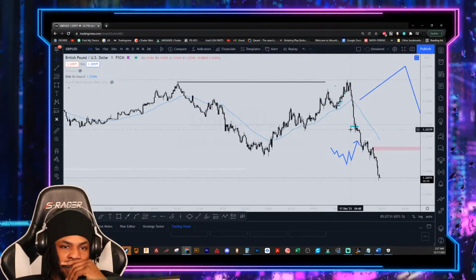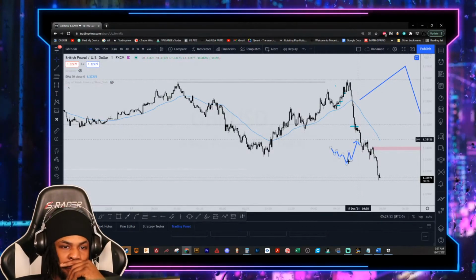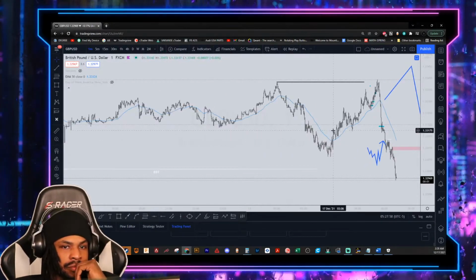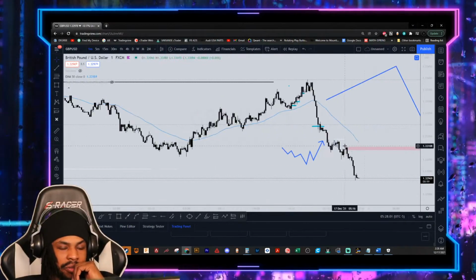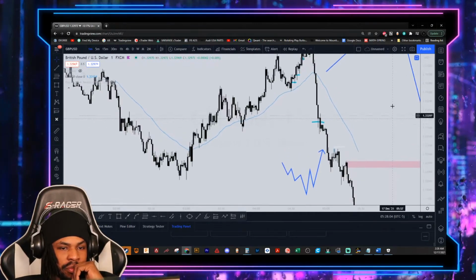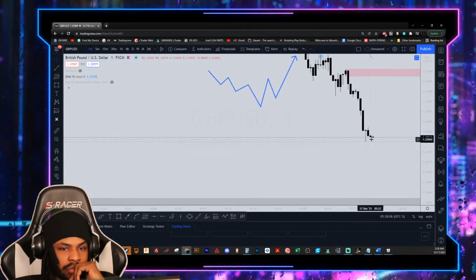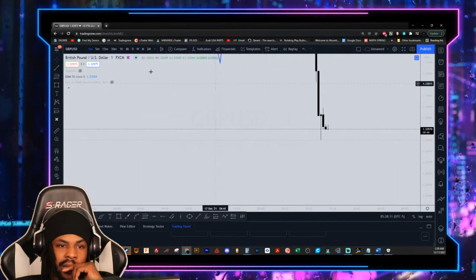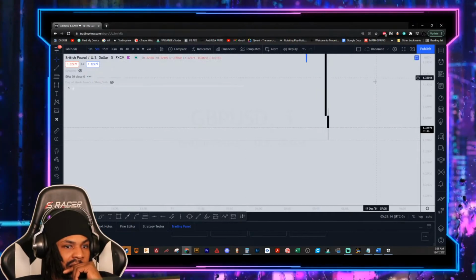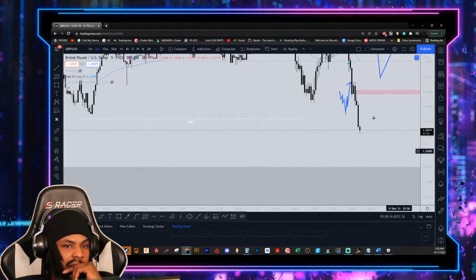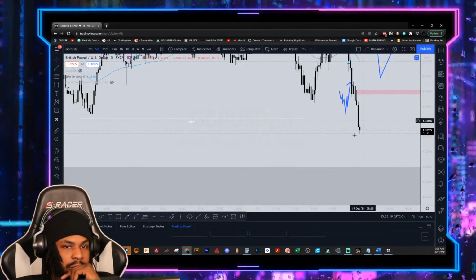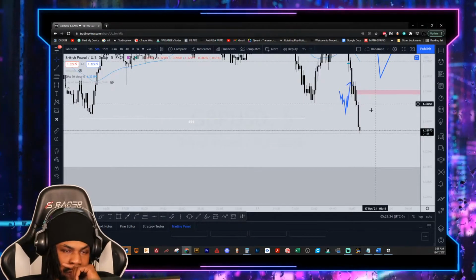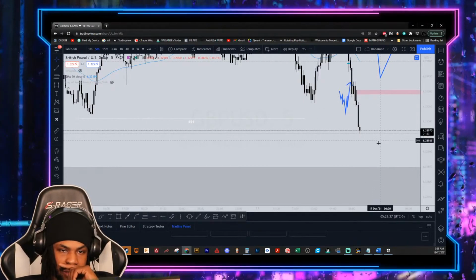Looking at this bearish pressure here, maybe at this point you could consider selling it, but there's definitely a lot of momentum behind that move. But if price does want to give us a retracement without producing the order block, then we take that sell down.